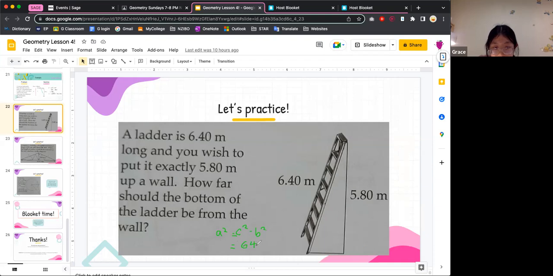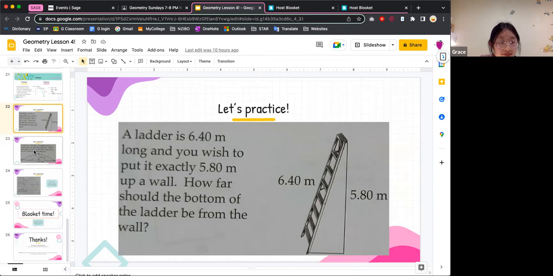So we do the hypotenuse squared minus the other shorter side that we know. And then a would be the square root of this, because the square is that. Yeah, and that would have given us 2.7.